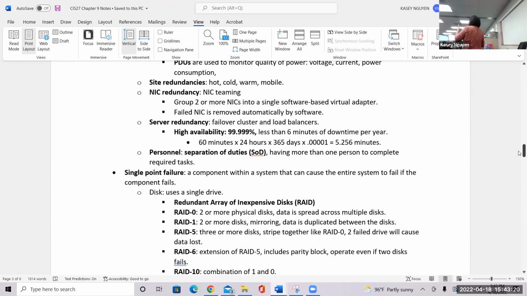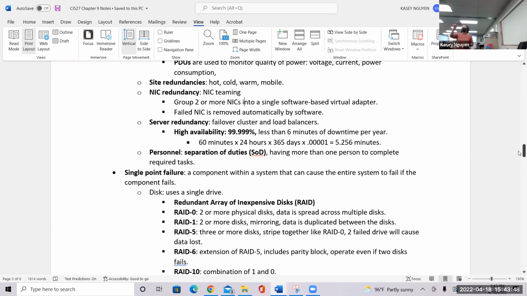You need at least 2 hard disks. That means it's going to write to both disks at the same time. So if one of your disks fails and you have 2, you cannot retrieve your data if you're using RAID 0, because it needs both of them together to be able to read the data. If you have 3, it stripes across 3 and so on. Right, you have to have at least 2.